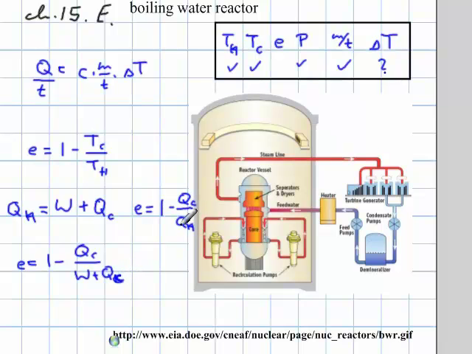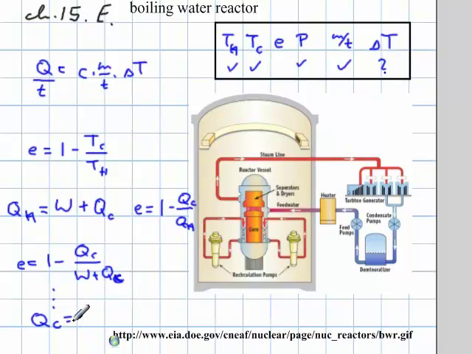Because once I plug this in here for the QH, I come up with this here, work plus QC, and now of course I have this variable here, and that work that is being done is of course the power output of the plant, per second, so that's a connection between the two. And then I do the algebra on this one here, and you can do the algebra yourself.